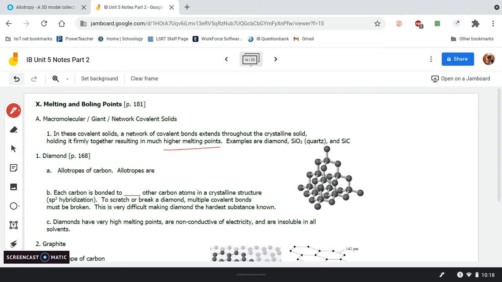So IB does focus on carbon, and they focus on the concept of an allotrope. An allotrope is when you have an element and it can have different forms depending on how it is bonded.